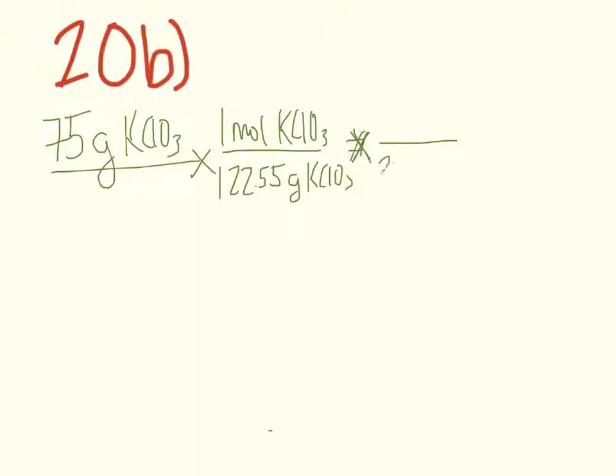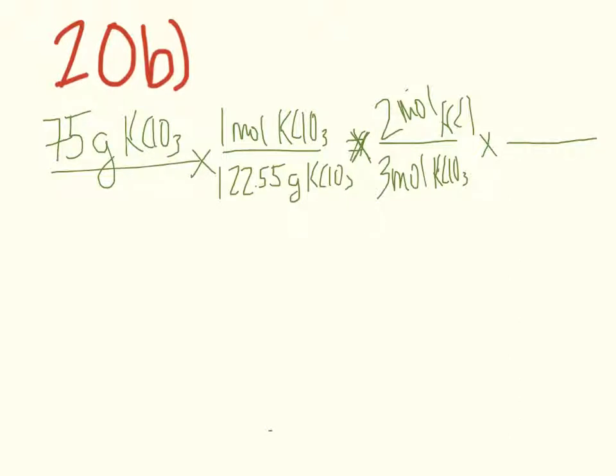I have 3 moles of KClO3 in my equation, and for every 3 moles I get only 2 moles of potassium chloride, leaving me with moles of potassium chloride.